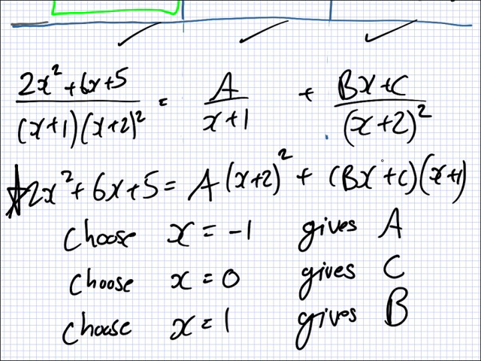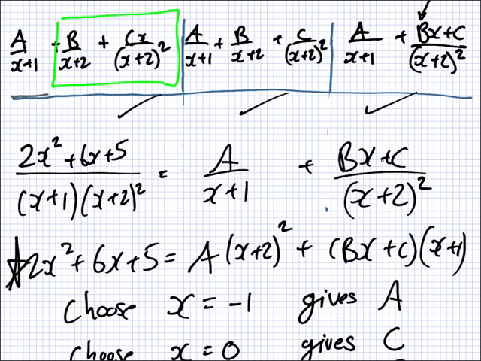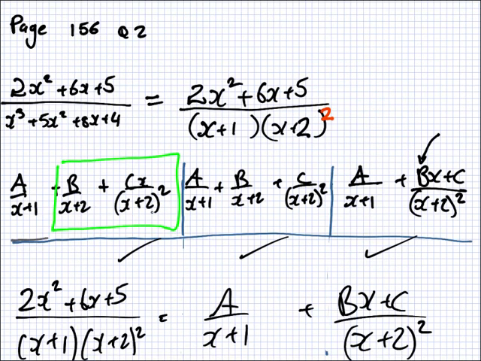I know for a fact that the cover-up method works when the numerators are all constant. So which form here could use method 3? You could use method 3 on the second one here, possibly, although you might have a little bit of a problem with the x plus 2 squared, so we're not even sure. But you can certainly use method 2 on all of them.